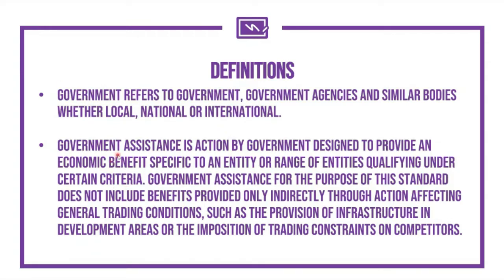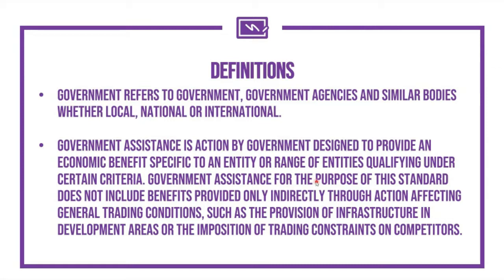Next, we talk about government assistance. So government assistance pertains to actions by the government designed to provide an economic benefit specific to an entity or range of entities qualifying under certain criteria.